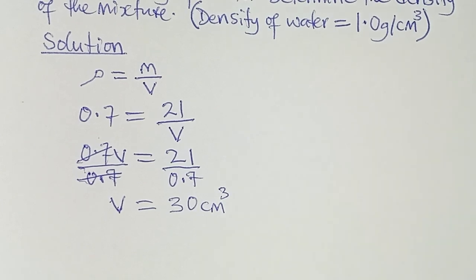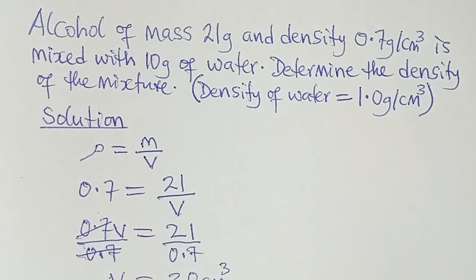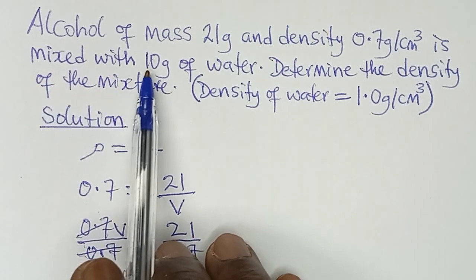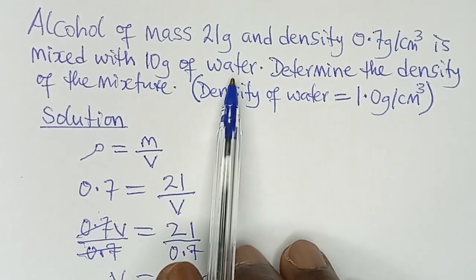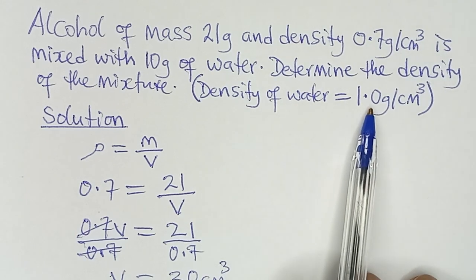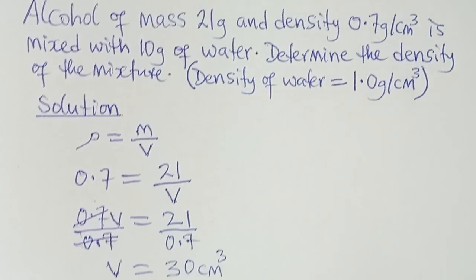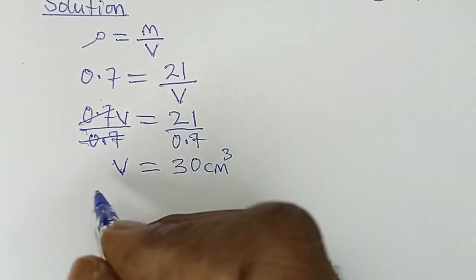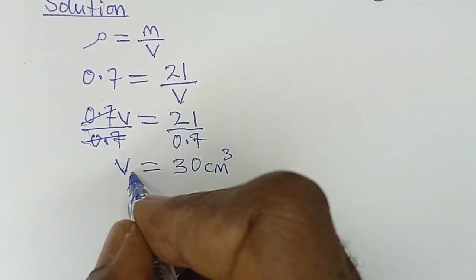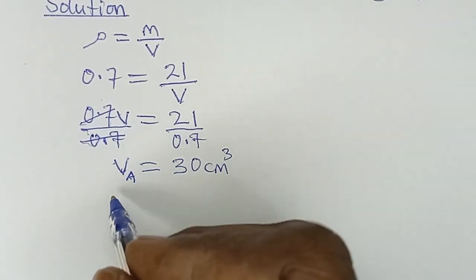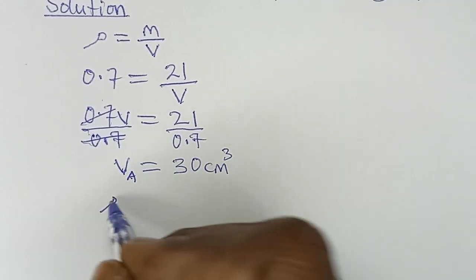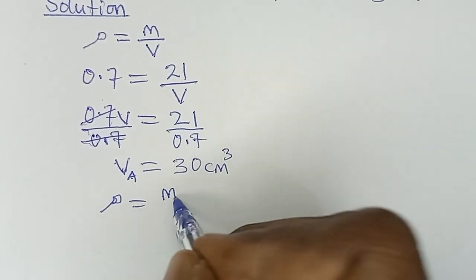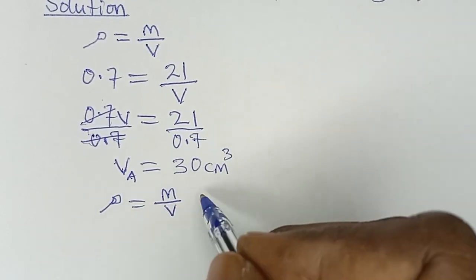Now that we have the volume of alcohol, we can also go ahead and find the volume of water. Don't forget, we are told that it is mixed with 10 gram of water, and the density of water is 1. So we can come back to this formula that density is mass over volume. So the density of water is equal to the mass of the water over the volume of water.